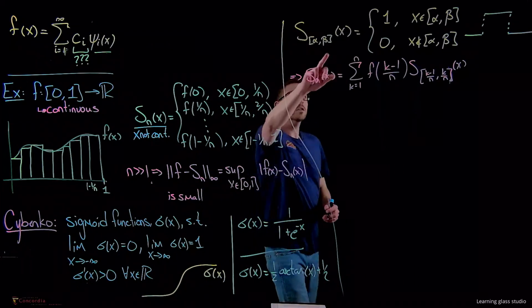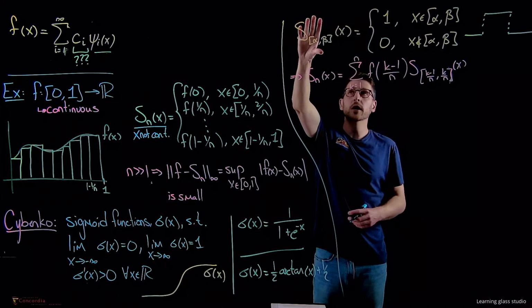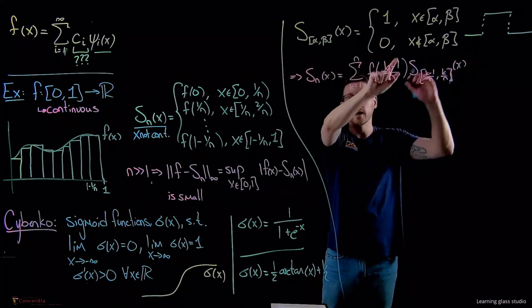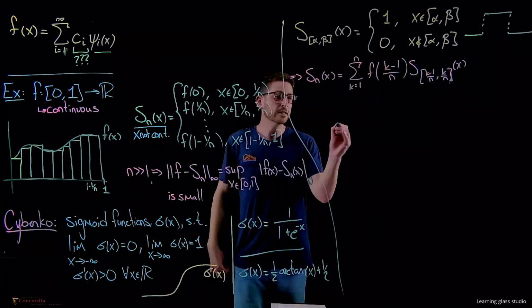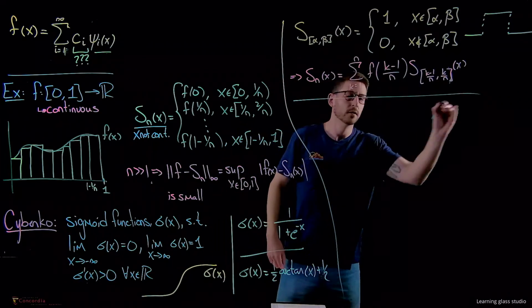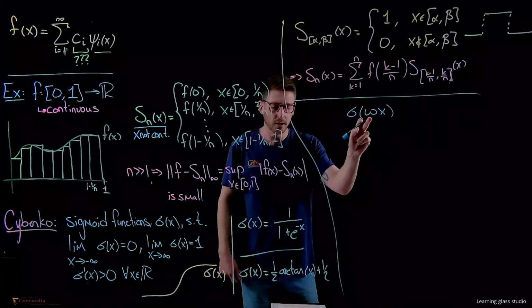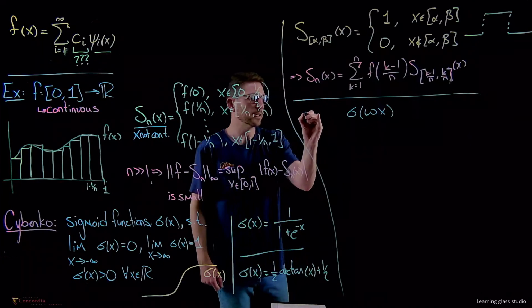What I'm going to do is approximate any arbitrary step function like this little top hat here, using a sigmoid. Let's consider a sigmoid with rescaled space. I'm going to rescale space by a factor w. And take a look at this.